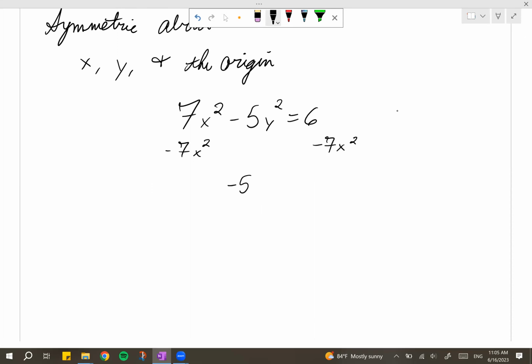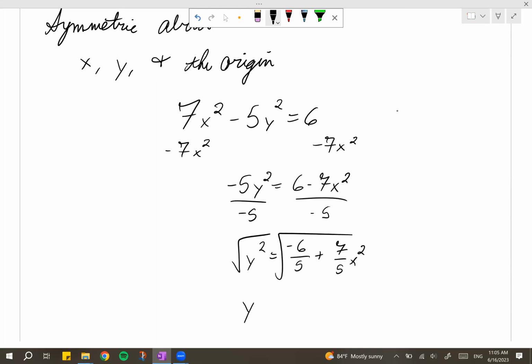I'd get negative 5y squared equals 6 minus 7x squared. I would divide by negative 5 on both sides, and I would get y squared equals negative 6 over 5 plus 7 over 5 x squared, and then I'd take my square root. I'm going to get y equals plus or minus the square root of negative 6 over 5 plus 7 over 5 x squared.